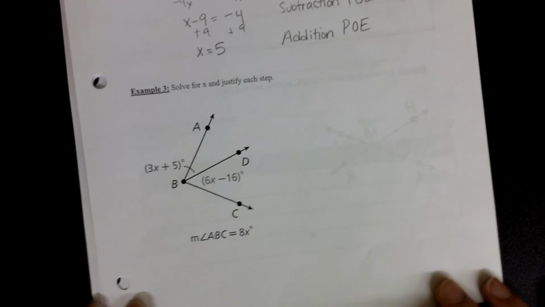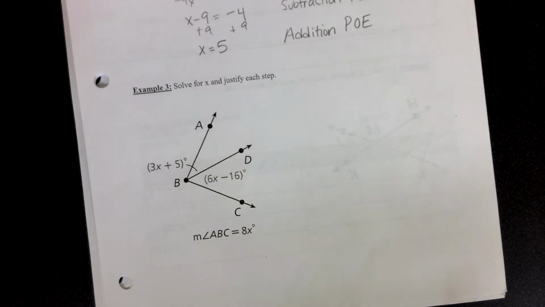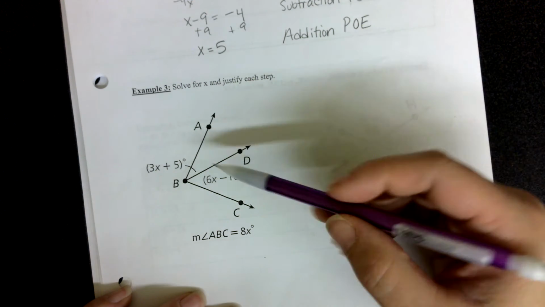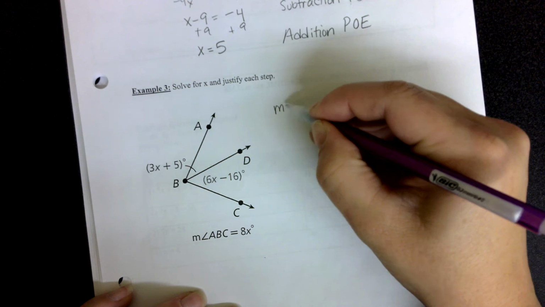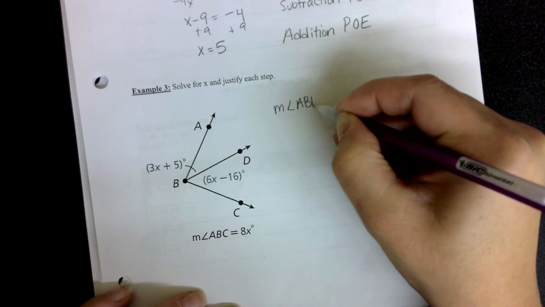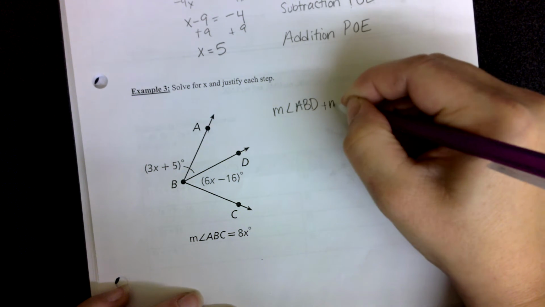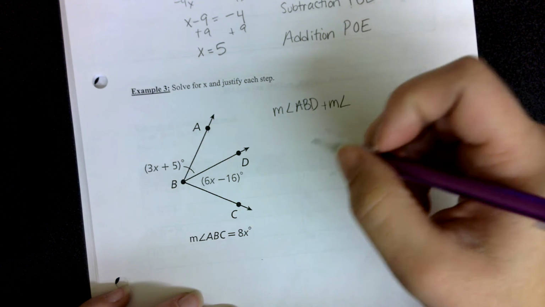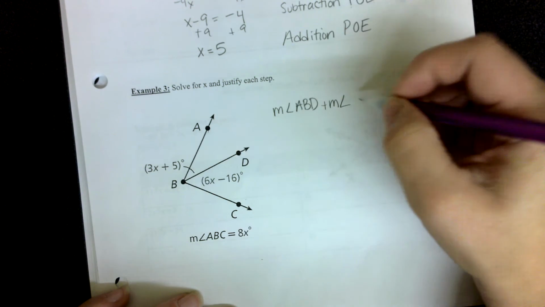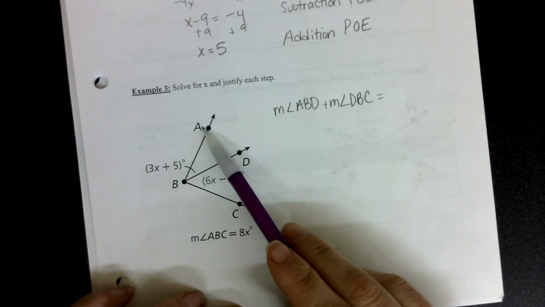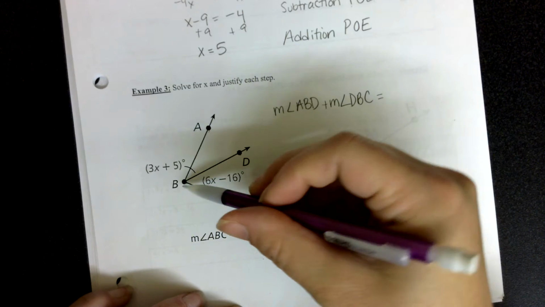Example 3. Solve for x and justify each step. So from the previous lessons, we know that the measure of angle ABD plus the measure of angle DBC is going to equal the measure of angle ABC.